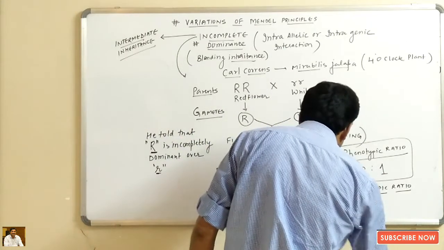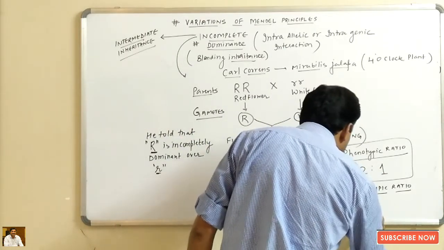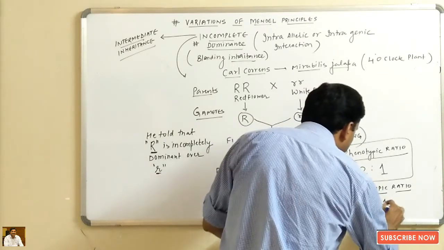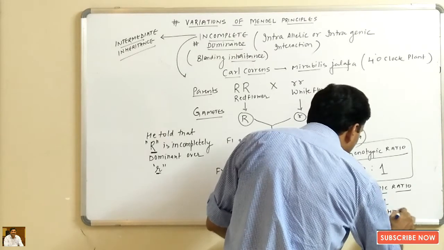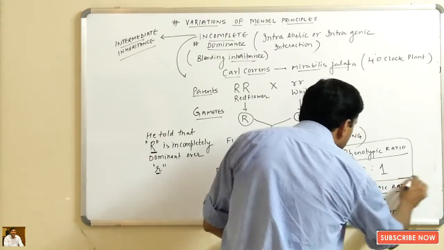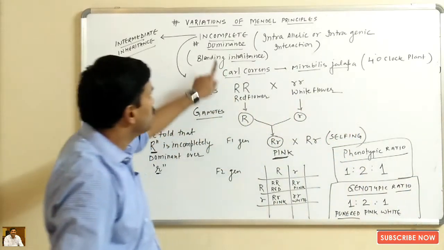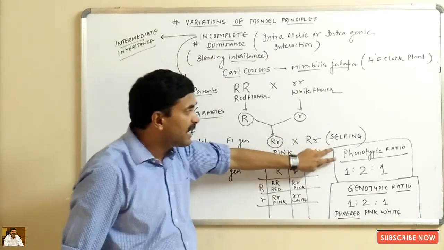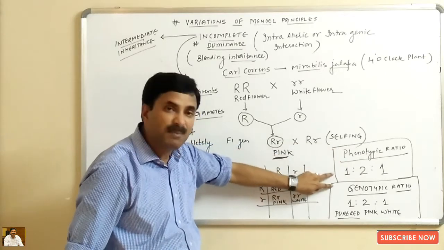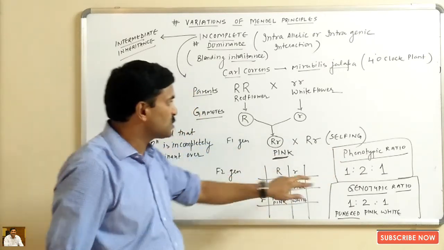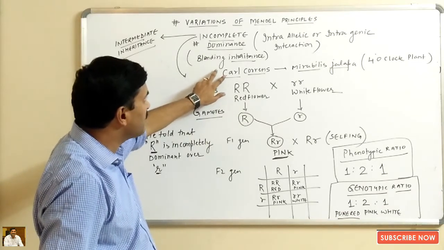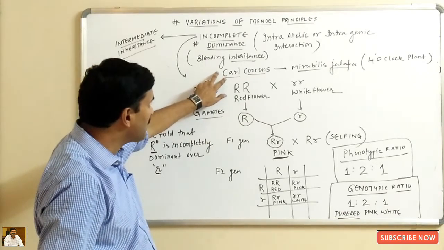We have two capital R small r, so these are the pink color, and we have one pure white. So this came out to be the genotypic ratio. So we must know that in incomplete dominance, we get the same phenotypic and genotypic ratio, 1:2:1. This was the experiment done by Carl Correns on Mirabilis jalapa.